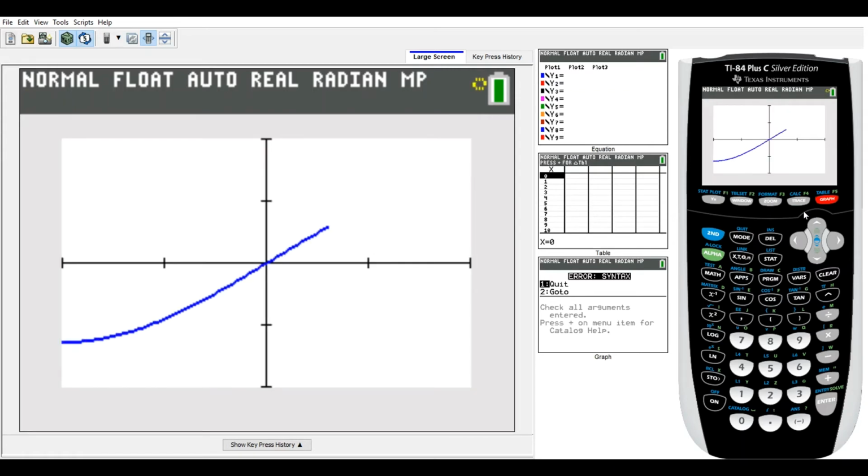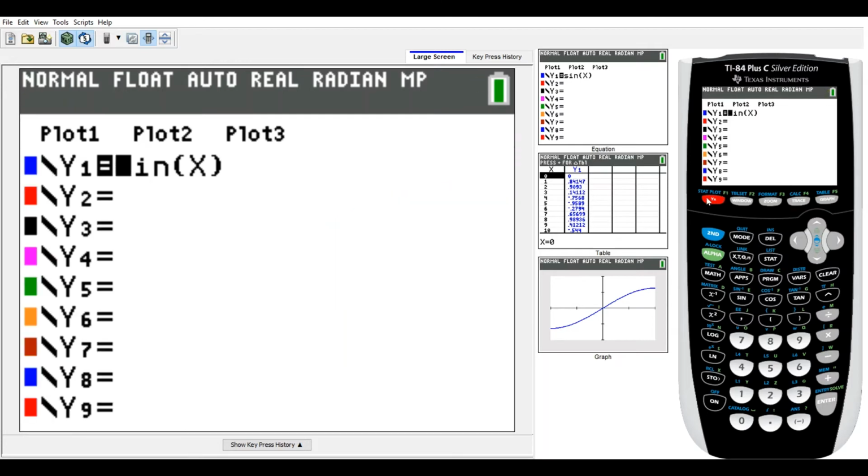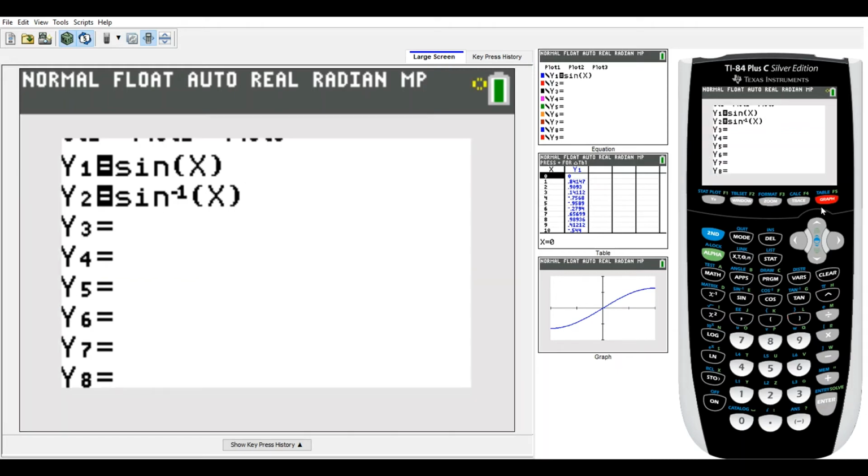And coincidentally, this is in blue, just like when we did it in the notes. All right, that seems to match what we have though. Next, let's put in that inverse trig function. So I'm going to do second sine of x. Okay, and now if I hit graph, hopefully this will look like the pink one that we sketched in.